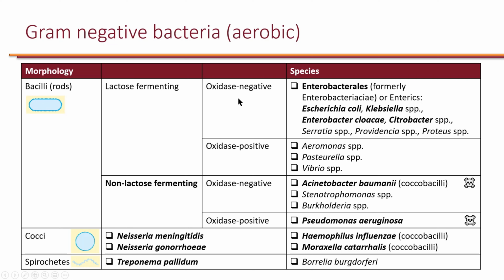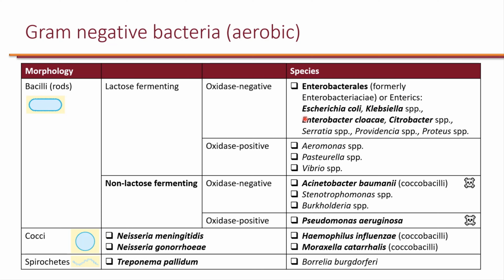But if they do ferment lactose, then they do oxidase tests, and for this course, you don't have to worry about the oxidase test, but know that when it's lactose fermenting, for the most part, we're talking about Enterobacterales. Enterobacterales is a family of several organisms, and it used to be called Enterobacteriaceae.